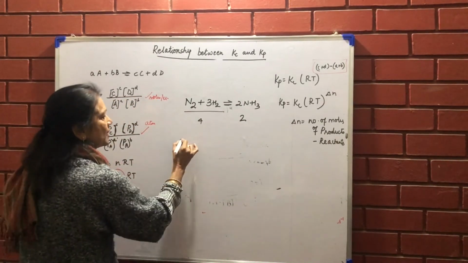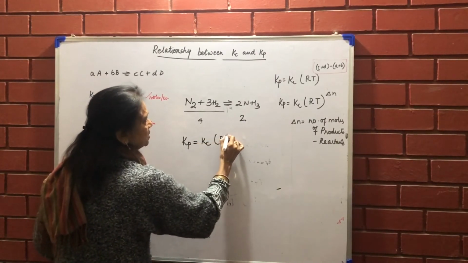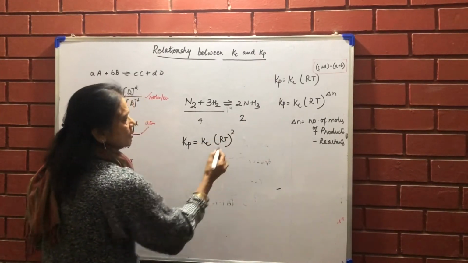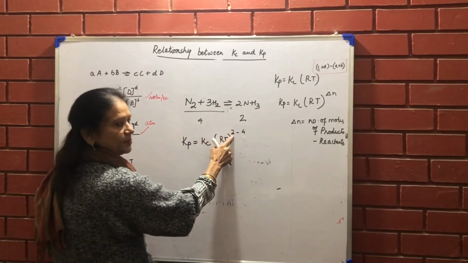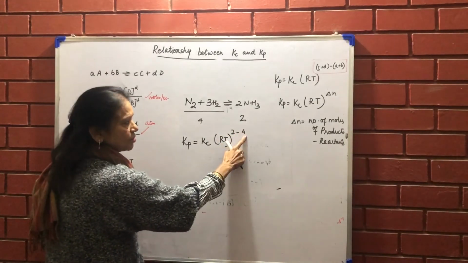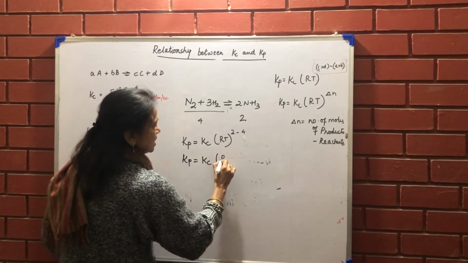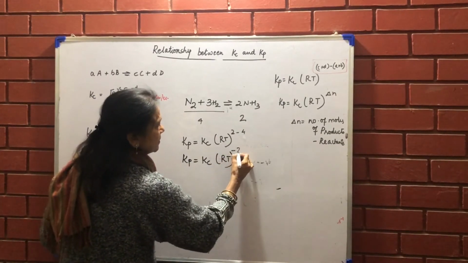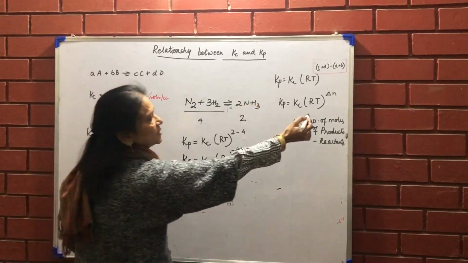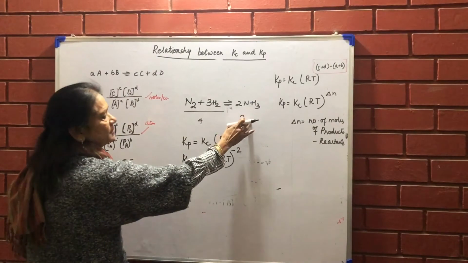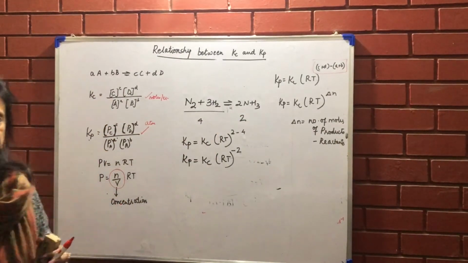So when I want to write Kp, it is Kc RT to the power of product, 2, minus 4. That is the number of moles of the product minus the number of moles of the reactants. So Kp is equal to Kc RT to the power minus 2. So delta n will always mean you subtract the number of moles of reactants from the products.